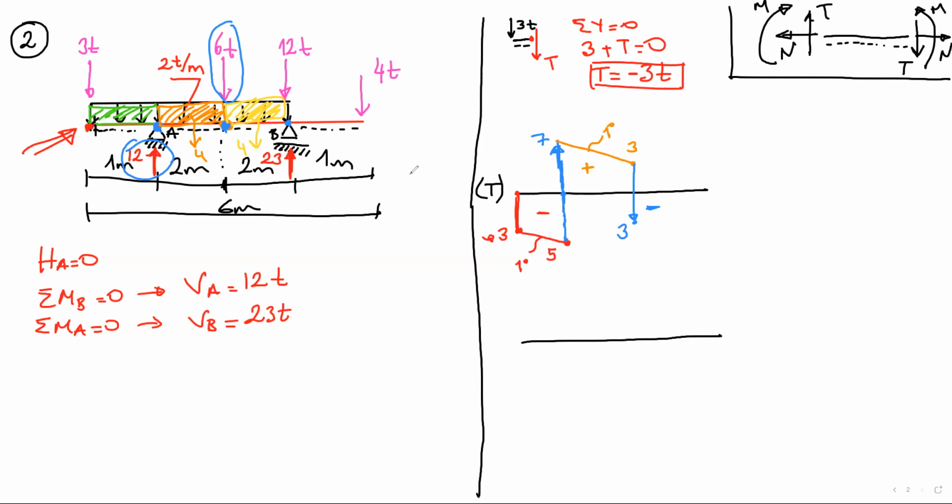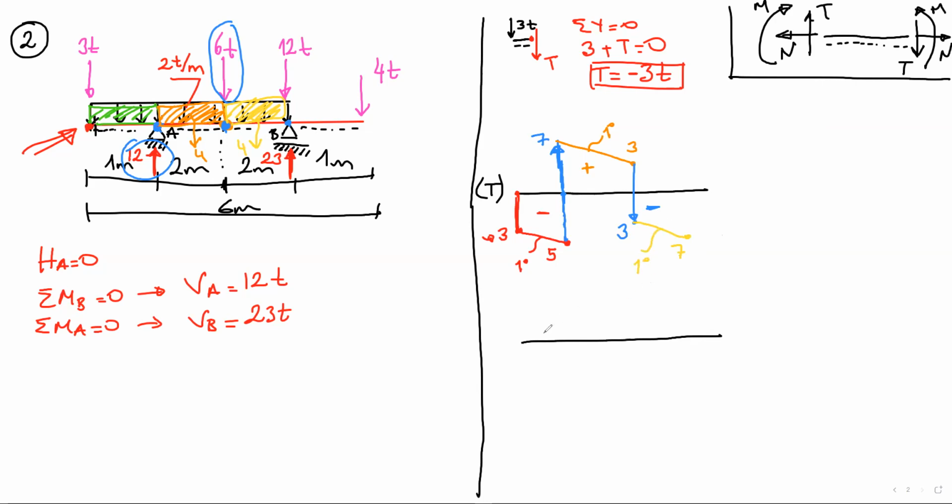Minus 3 minus 4, because it goes down. We're going to go down. And the magnitude is here. It will be 7 minus 3 minus 4 equals minus 7. And we will connect this portion with a line since there is a uniform distributed load.